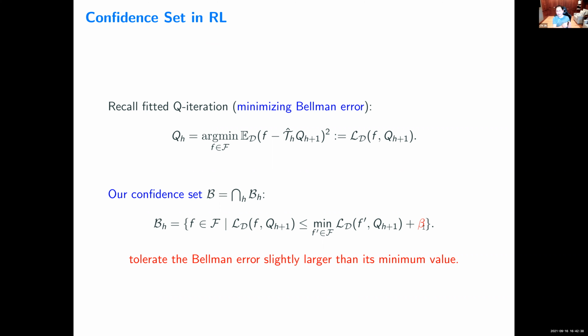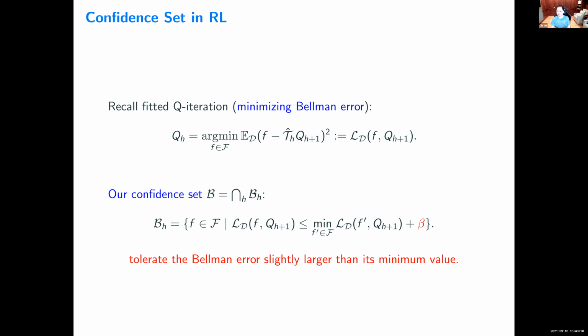As long as a value function gives me a Bellman error that is just slightly higher than the minimum, I'm still okay with that. This beta is determined by the statistical error, so we can compute how much tolerance we would have. This is our confidence set, defined for Q_h. Then we just concatenate the confidence sets for all h together, which gives our confidence set for the value function.